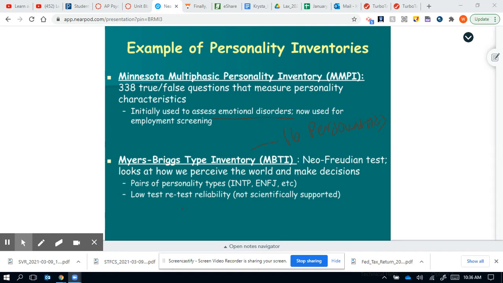The problem with the Myers-Briggs is that it has low test-retest reliability. Does anybody know what that means? You broke up there, Dominique.